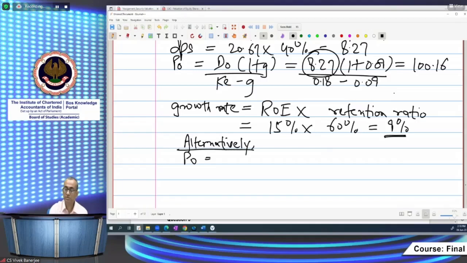P0 is equal to 8.27 divided by 0.18 minus 0.09.